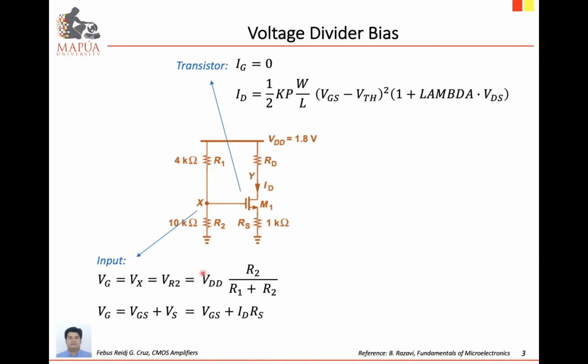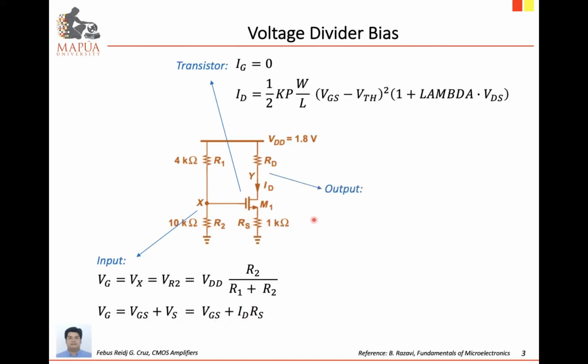Then we can also express the gate voltage, if you take a voltage loop, as equal to VGS, the voltage between gate and source, plus the voltage from the source terminal to ground. So you have VGS plus VS, wherein the source voltage can be expressed as the voltage drop across RS. So VG can be expressed as VGS plus IDRS.